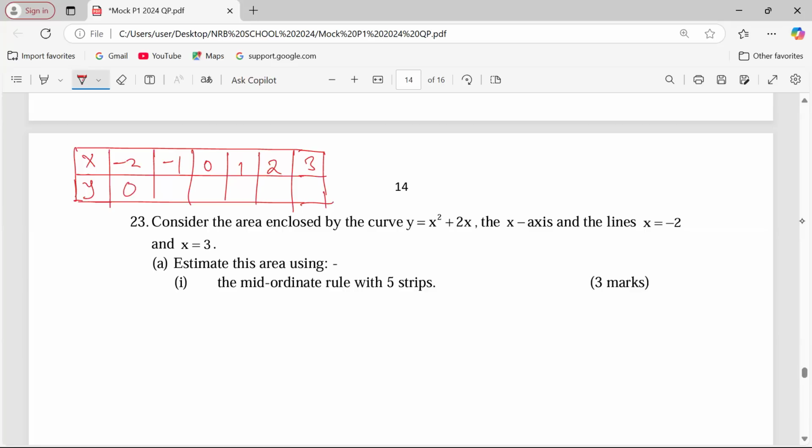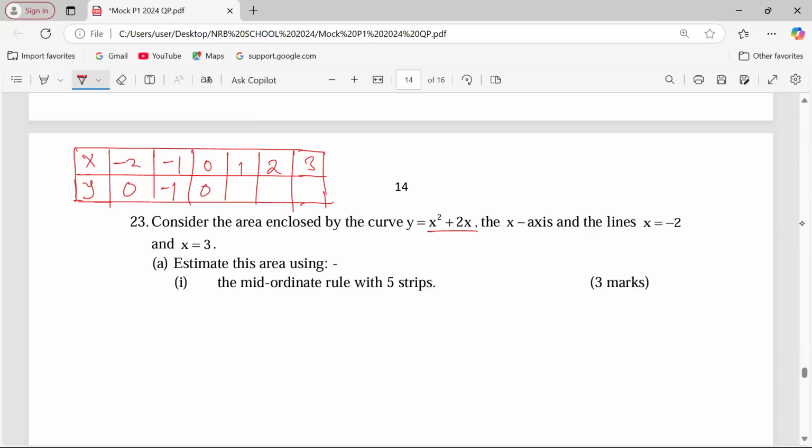When x is -1, I open brackets and write -1 squared, then add 2 into -1, and this gives exactly -1. At 0, we also get 0, because when we substitute 0 in this function, y becomes 0.